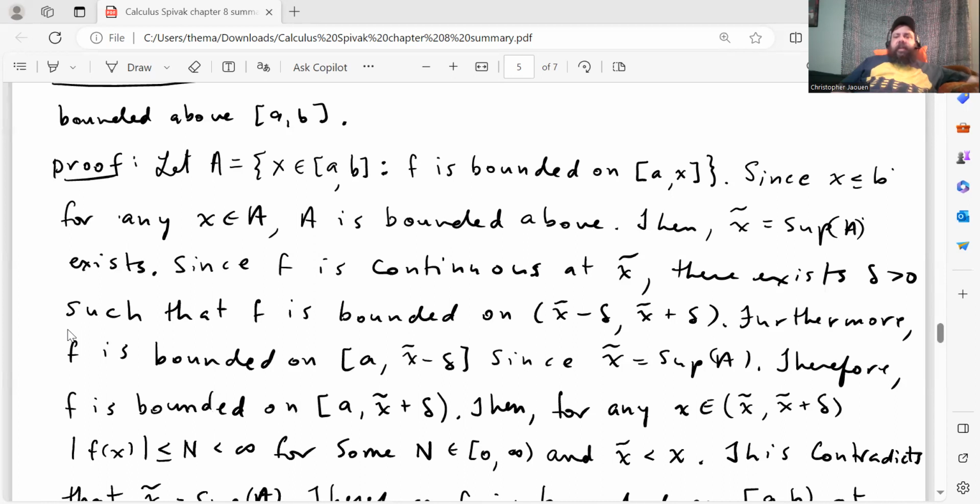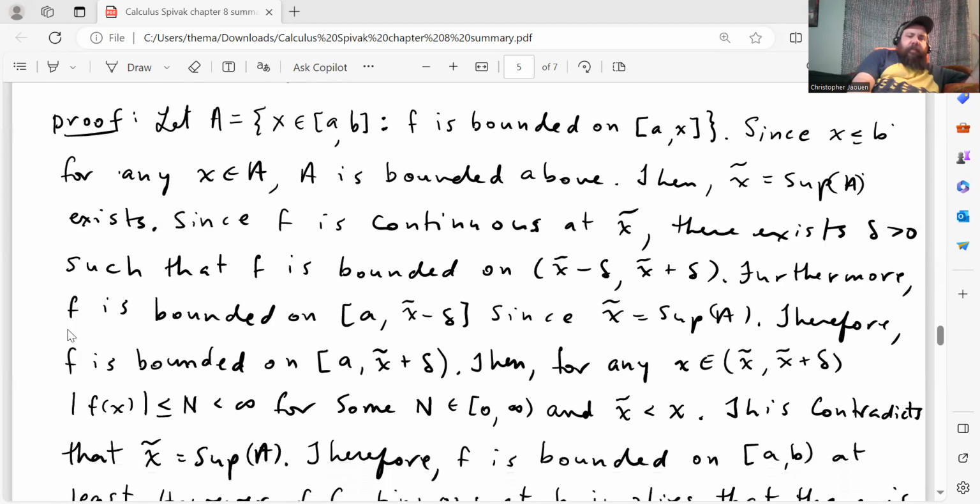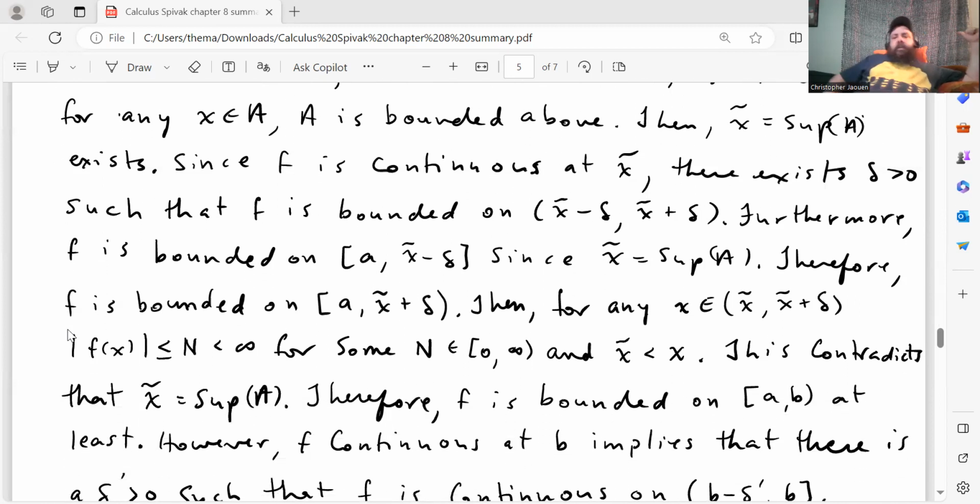Right? Since x is less than or equal to b for any x in A, A is bounded above, and also it's not empty because a is in that set as well. I probably should have written that. Then x tilde equals sup A exists. Since f is continuous at x tilde, there exists delta greater than 0, such that f is bounded on the interval from x tilde minus delta to x tilde plus delta.